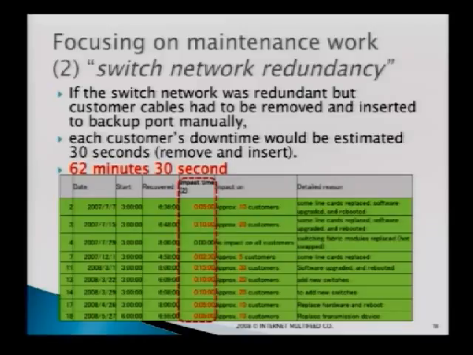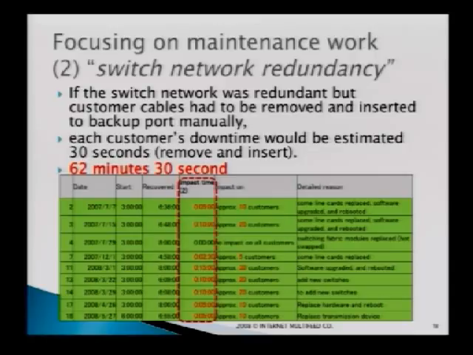So first main to backup, and after the maintenance backup to main, I estimated it would be 30 seconds. During this maintenance work, the impact is approximately 10 customers, and this time 20 customers. So for each customer it is 30 seconds, so the network would be unavailable for 5 minutes. In this case, 10 minutes.